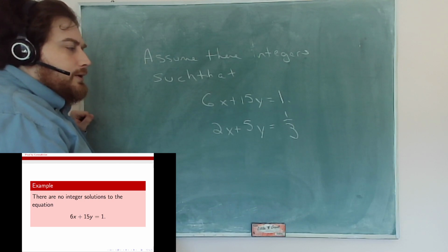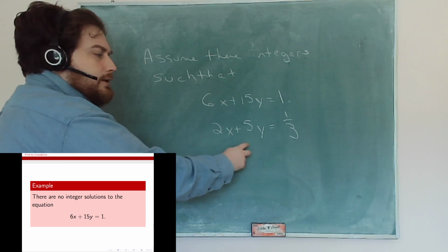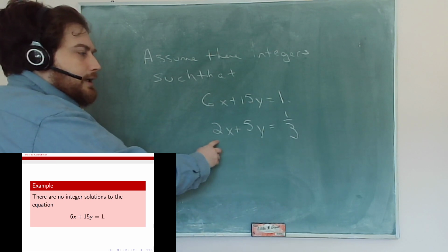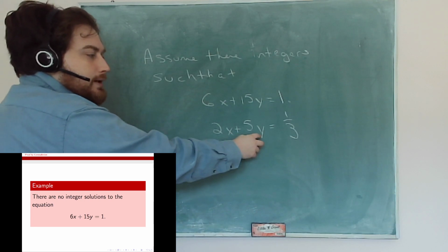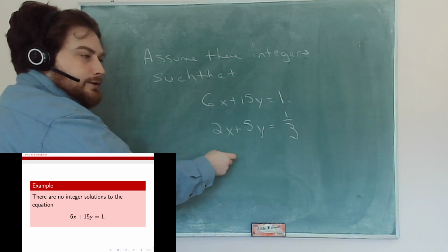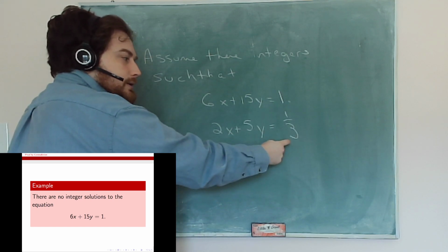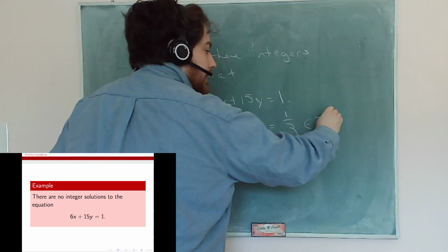Where x and y are integers, 2 times an integer is an integer, plus 5 times an integer is an integer. Hence, this side is an integer, but this side is equal to that side, so that's claiming that 1/3 is an integer.